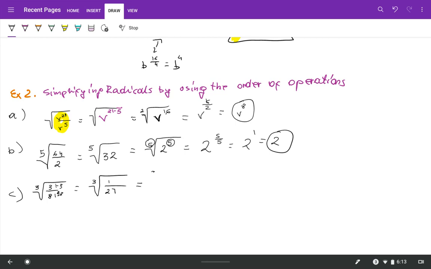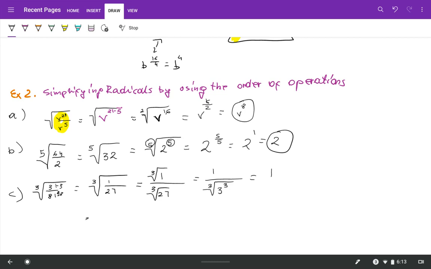You can rewrite that as cube root of 1 divided by cube root of 27. Cube root of 1 is 1. Now cube root of 27 will be 3, because 27 is the same as 3 to the third power.